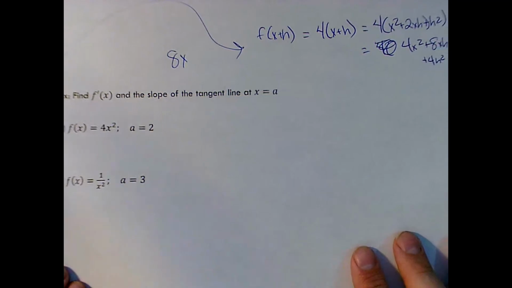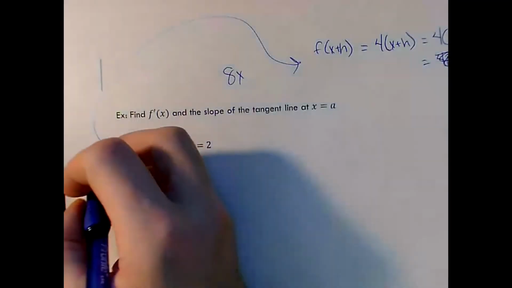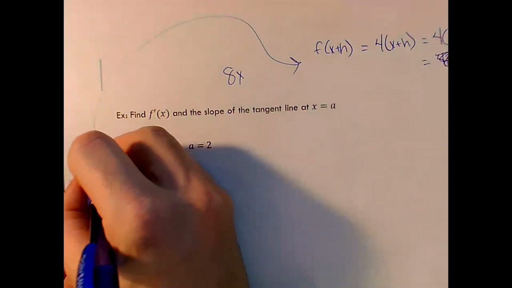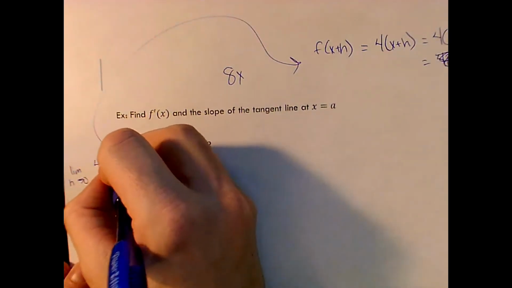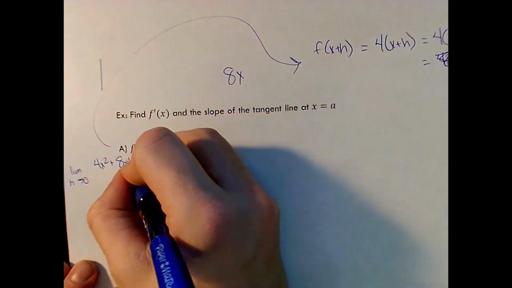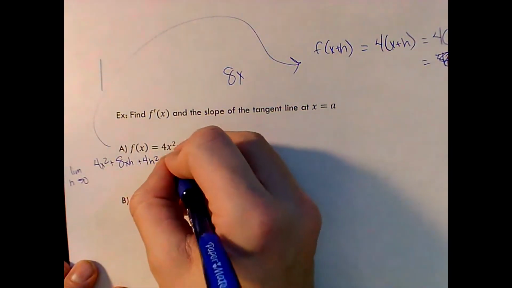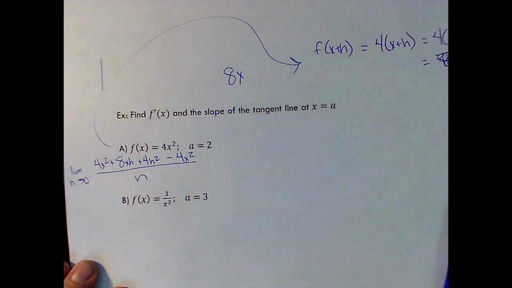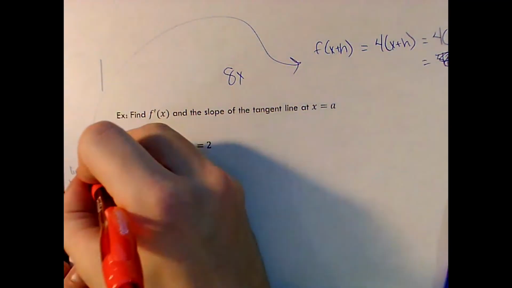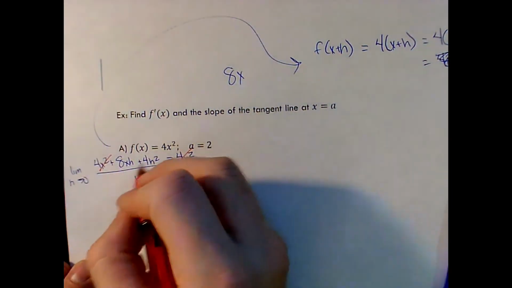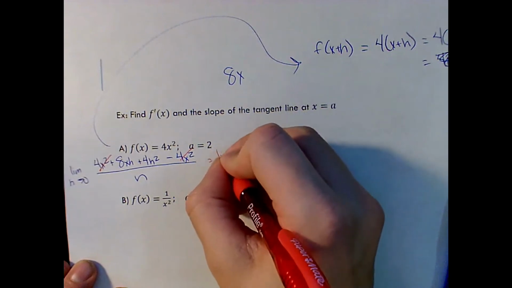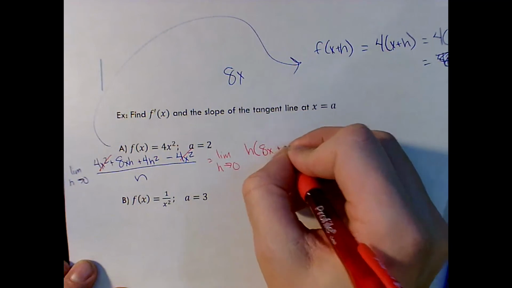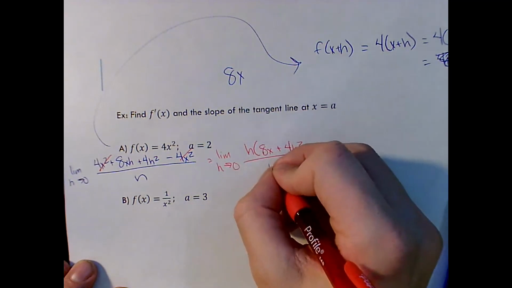So the limit as h approaches 0 of f of x plus h is 4x squared plus 8xh plus 4h squared minus f of x, which is that. So we see things canceling out over h. These go away. While I'm at it, let's bring an h out. So I have the limit as h approaches 0 of h times 8x plus 4h squared over h.